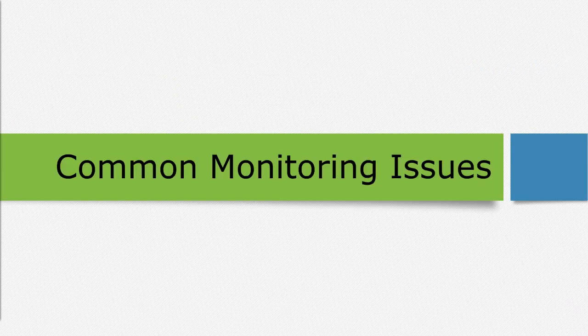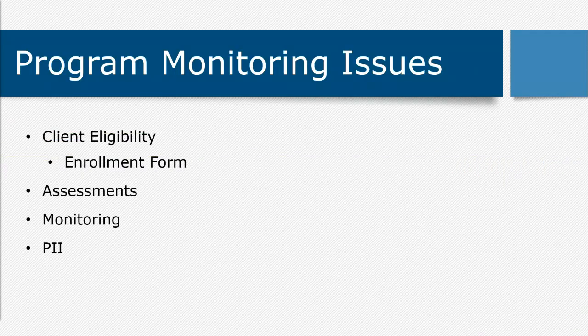Next, I'd like to cover some common monitoring issues. This is not saying you'll have them, but it is some of the ones we've run into in the past. The first one I'm going to go over is client eligibility. We've noted errors related to enrollment forms. They should be signed, dated, and complete.